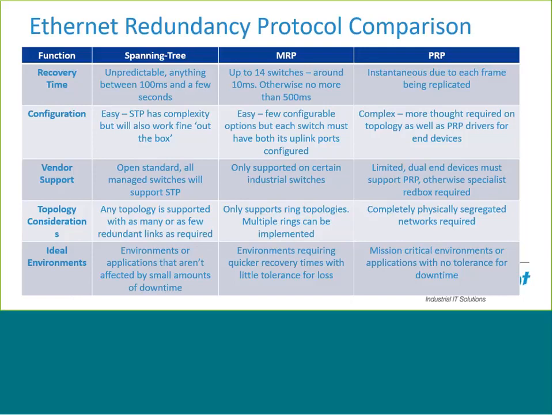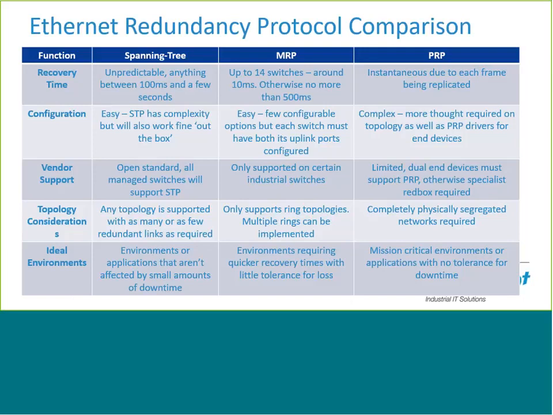You can have an unlimited amount of redundancy on there without having to worry about these additional redundant links, because spanning tree will take care of it. And then with PRP, your complexity comes in that you've got to have 2 physically segregated networks. So you've basically got to duplicate what you've got on one network into a completely physically different one.